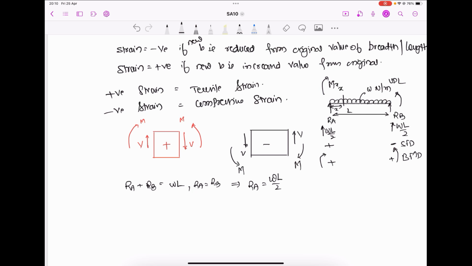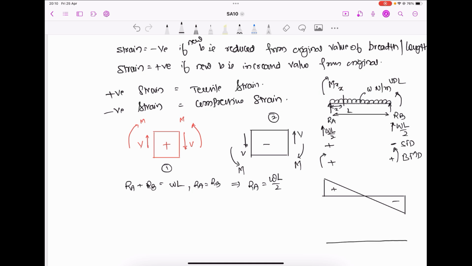Now in toto, this first one is accepted. First one, SFD is positive on the left hand side, and it goes like this. Right hand side it will be negative; here it is positive, here it is negative.